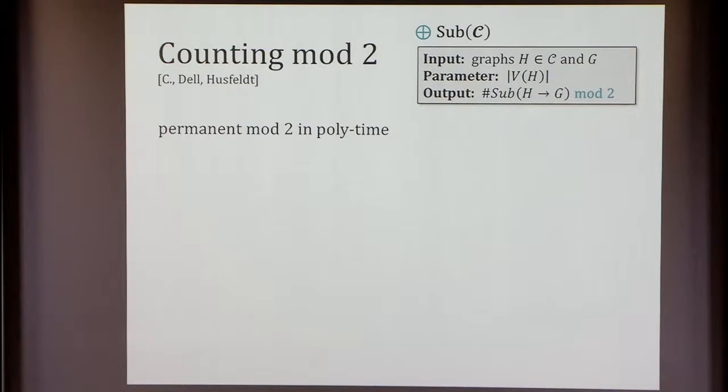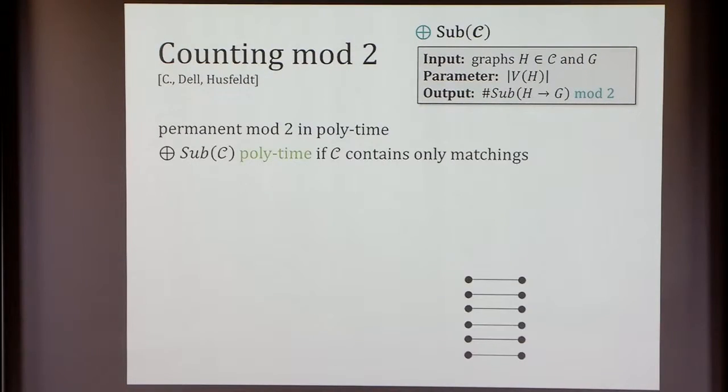And actually you can generalize this. Permanents modulo 2 in polynomial time means that perfect matchings in bipartite graphs are easy. But actually, matchings of arbitrary size in general graphs are easy, modulo 2. You first have to do interpolation on the matching polynomial, and then to get non-bipartite graphs, you just have to do some simple construction by doubling all edges and observing that only perfect matchings survive this.